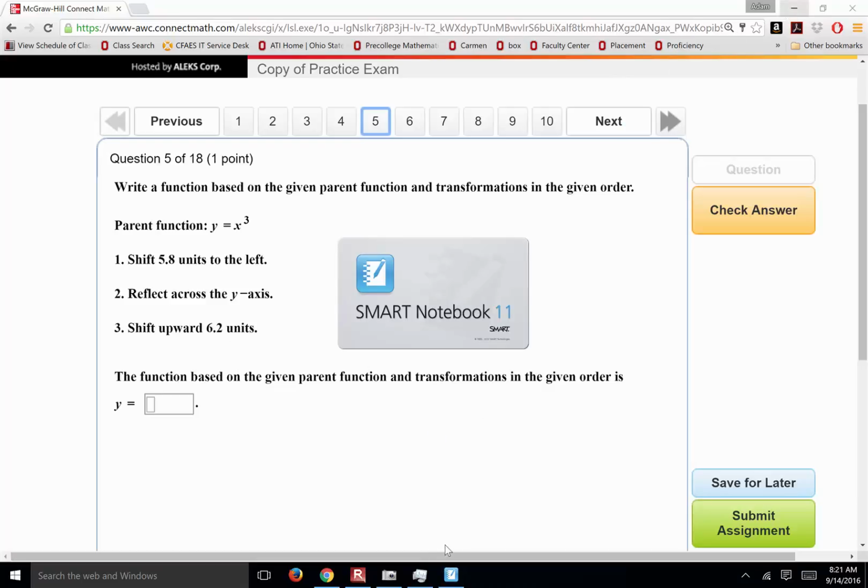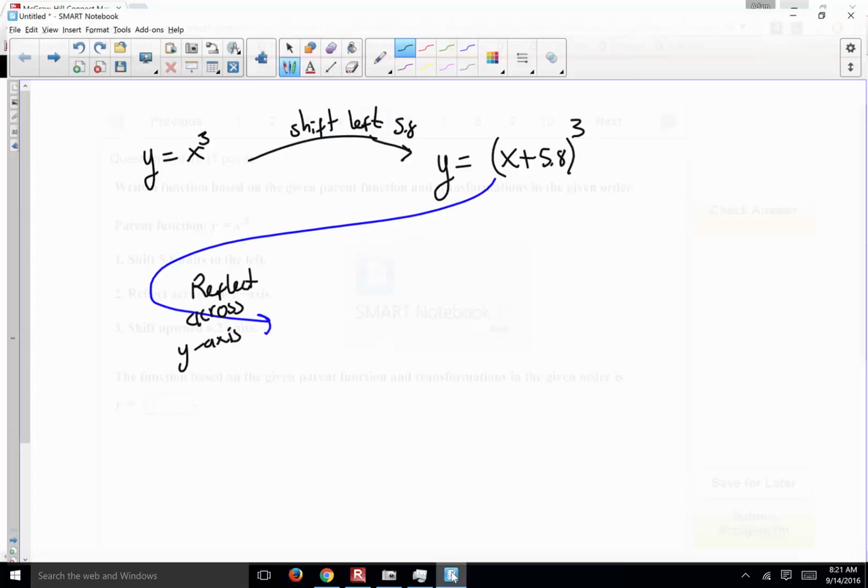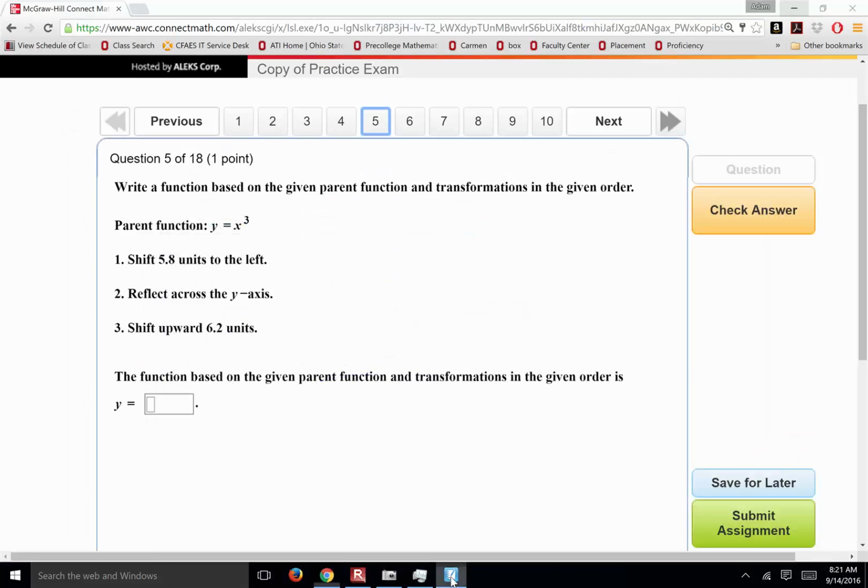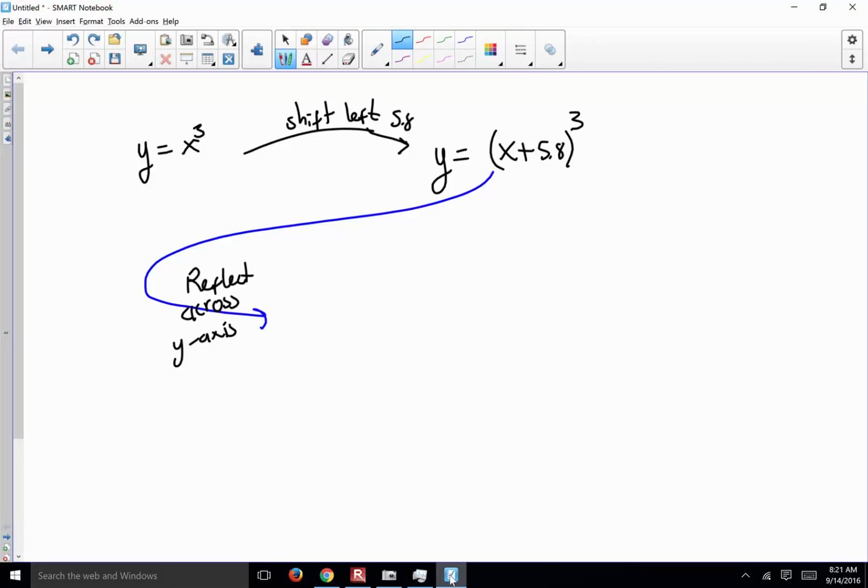What happens when I reflect, or what operation makes a reflection? Does anyone know off the top of your head? Reflection along y-axis is done by what operation? Kylie? The entire thing negative? You're right, we are gonna make something negative, but what?